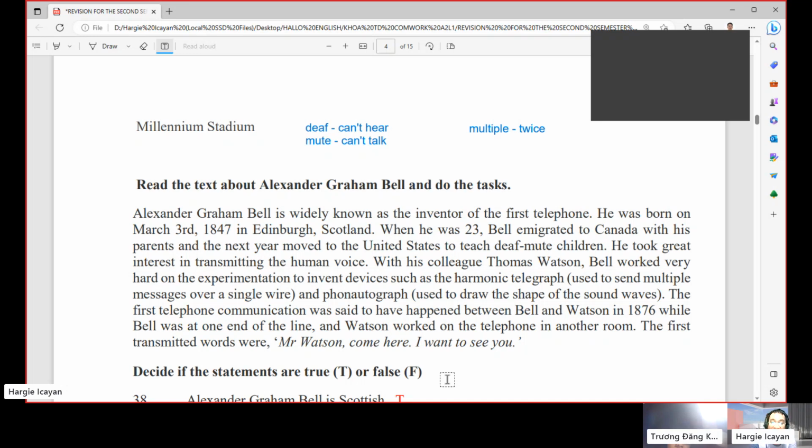How old was he when they emigrated to Canada with his parents? He was 23. Very good. So he was 23 years old. Where did they emigrate?